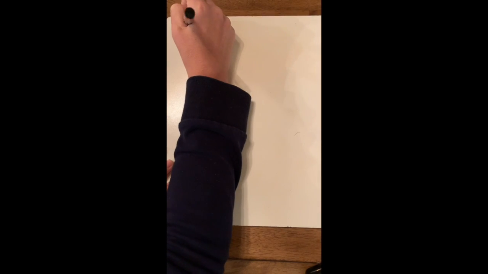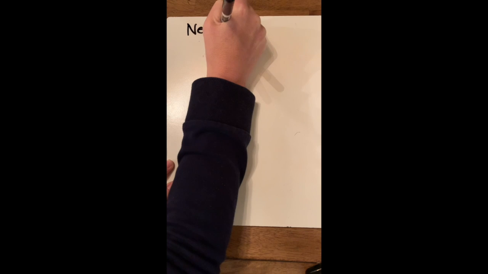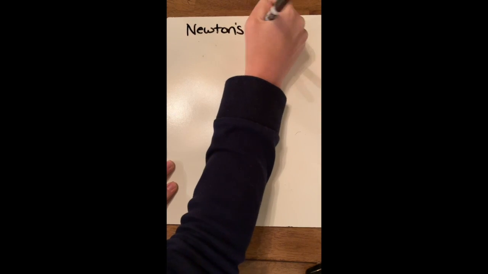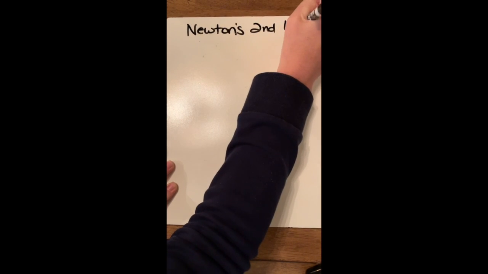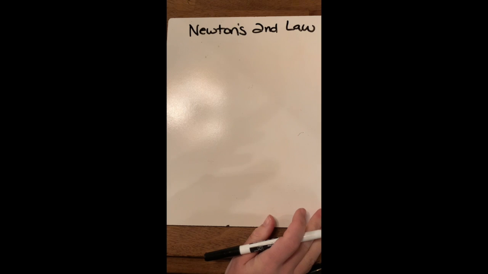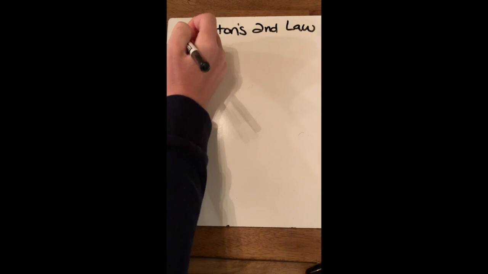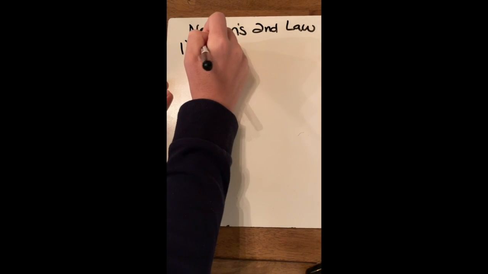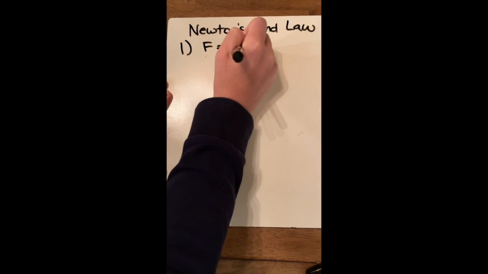All right, so Newton's second law. We've been learning a lot about Newton's second law, but there's actually a couple of different ways you can use this to calculate. So we've already really focused on F equals ma.